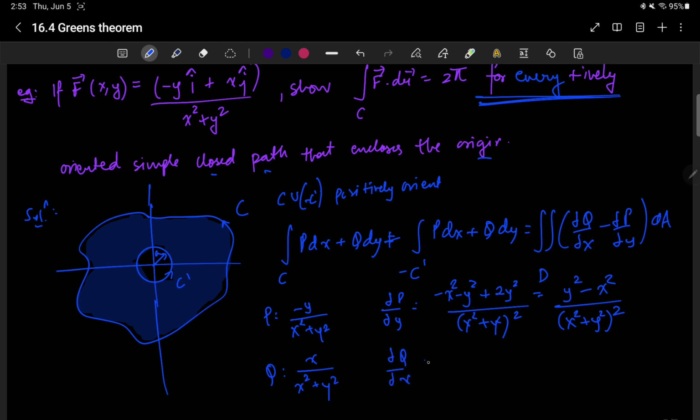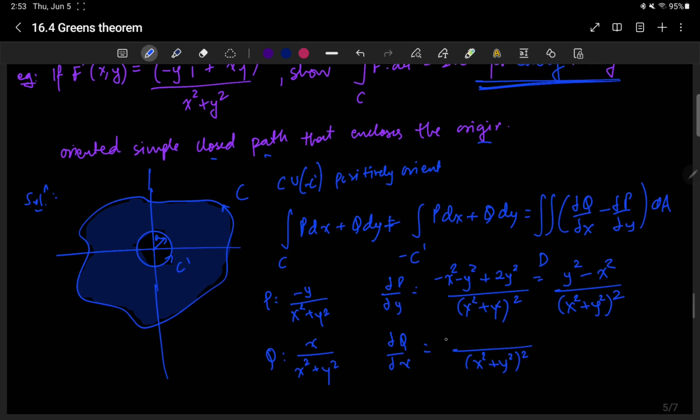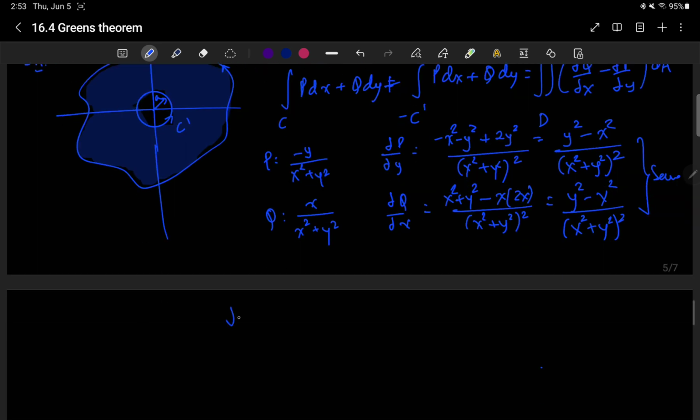Del Q over del x, quotient rule again, x squared plus y squared whole squared. Derivative of the top with respect to x is 1, so you get 1 times x squared plus y squared minus x times 2x, which is 2x squared. So you get y squared minus x squared over x squared plus y squared whole squared. These are the same. Because these are the same, it means del Q over del x minus del P over del y is 0.